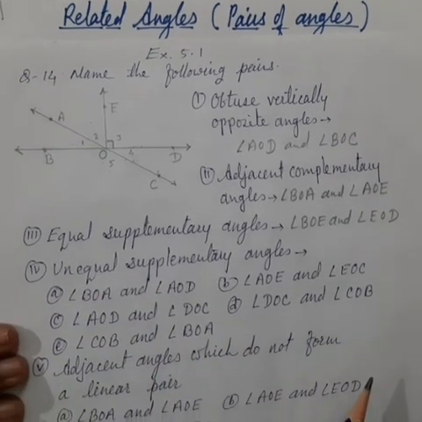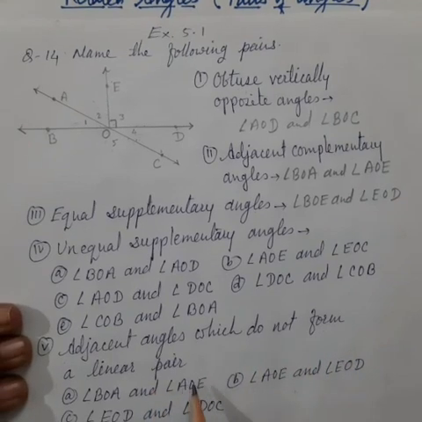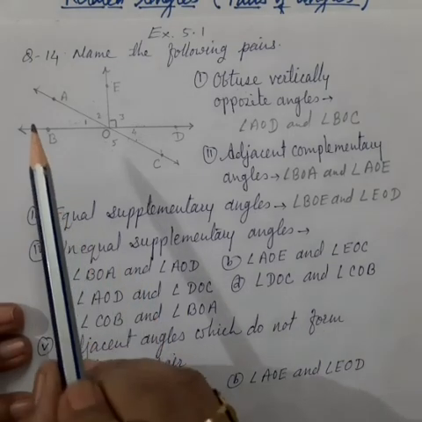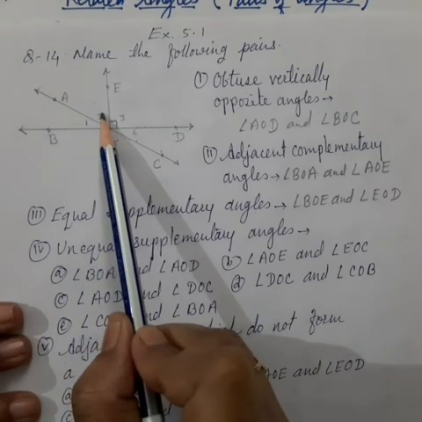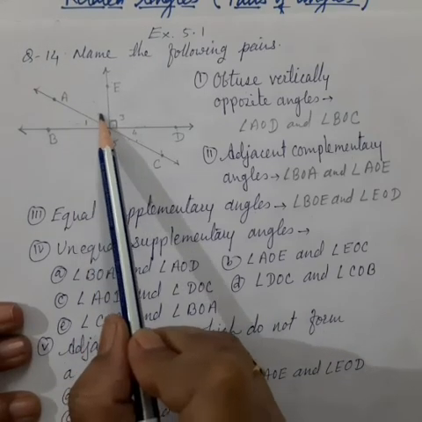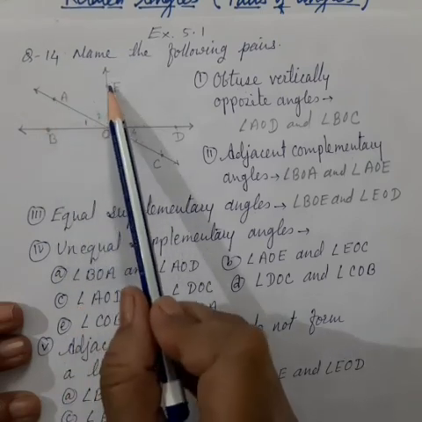Coming to adjacent angles which do not form a linear pair. They are adjacent but their sum is not 180 degrees. So these two are adjacent angles, 1 and 2, but the sum is not 180 degrees. This is one pair, 1 and 2, BOA and AOE.